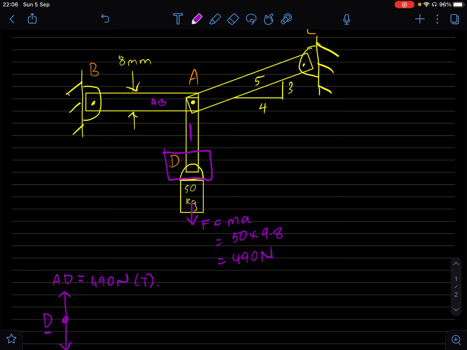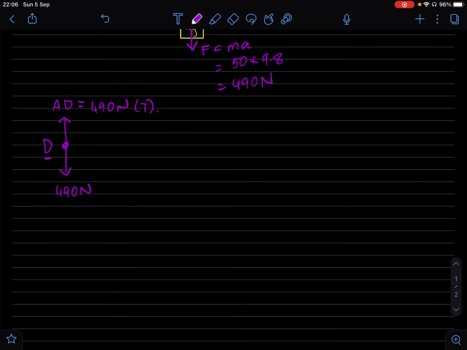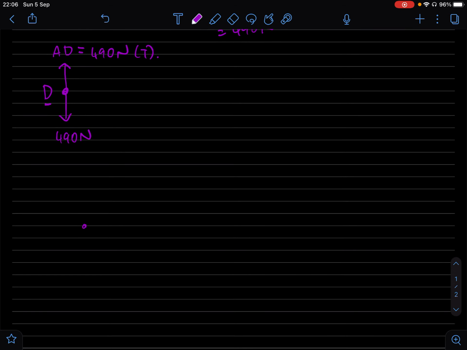So we have that value now. We can look at joint A. Let's draw the free body diagram for that joint. So we can draw that load, 490 newtons. Remember, AD is 490, and that's in tension.